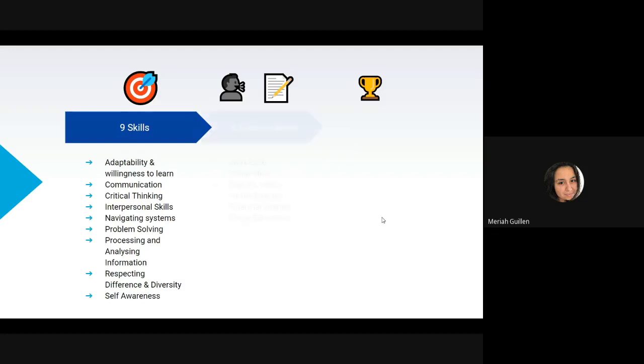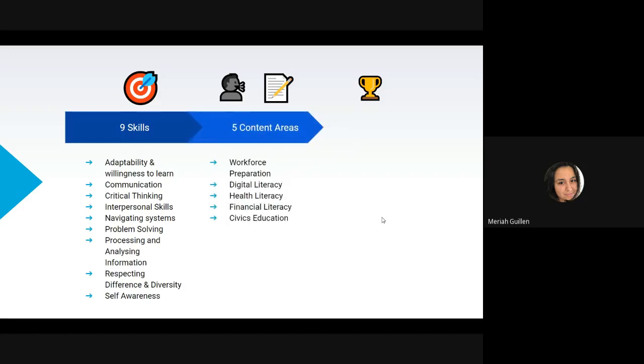They focus on the 9 skills, and then they go to 5 content areas. What are the most important content areas that students need to work at or understand? Those were workforce preparation, digital literacy, health literacy, financial literacy, and civics education. These are essential content areas that tend to be overlooked, that we don't really focus on a whole lot, that really need to be addressed. And we can address them in all the other content areas.